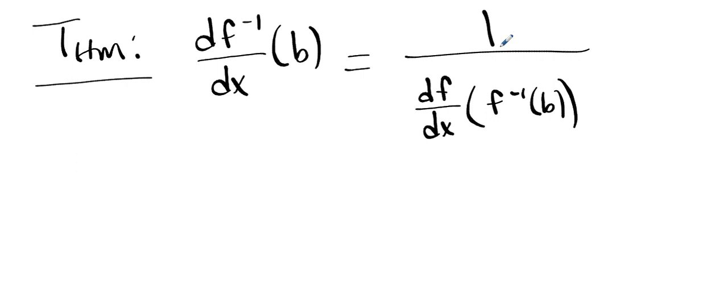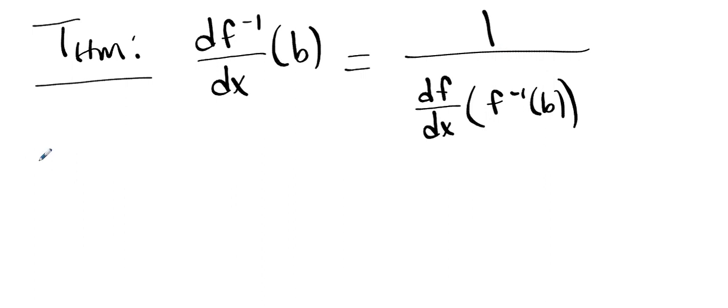And that almost makes sense because, again, we trade the x's and the y's. The x's and the y's trade places. And when you do that for slope, dy/dx becomes dx/dy, you would expect a reciprocal relationship in that spot. You expect those to be reciprocals.